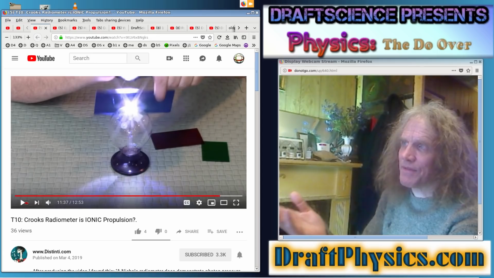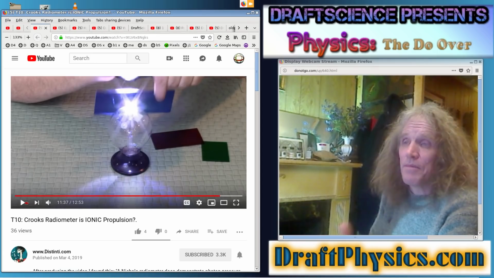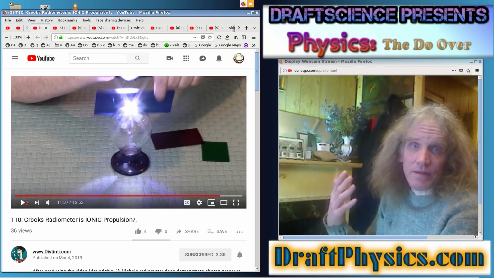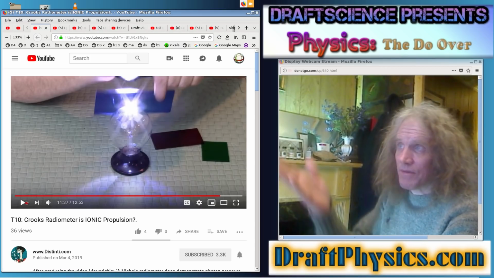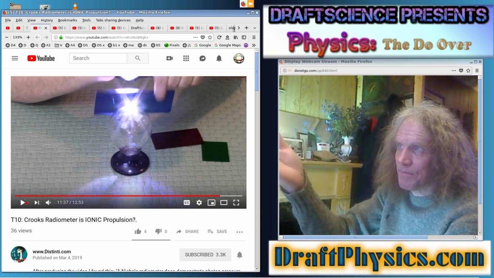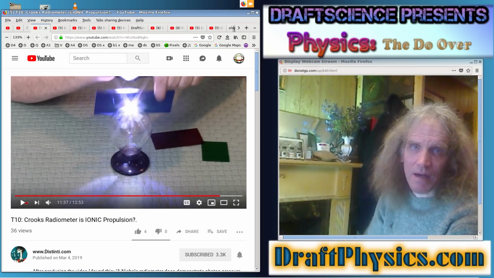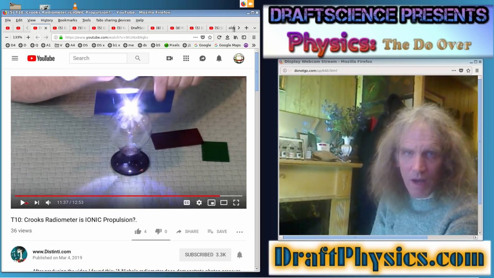You'd still have to explain why the black surface does something more with the energy than the silver side does. And you can't do that with your explanation that both would be shooting ions the same. There's no reason to think the black surface would make more ions.